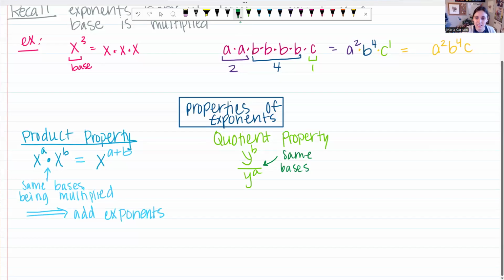Instead of adding the exponents, we're going to do the opposite. We are going to subtract the exponents, since subtraction is the opposite of addition, and division is the opposite of multiplication. So y to the b power divided by y to the a power is equal to y to the b minus a power. You simply subtract your exponents.